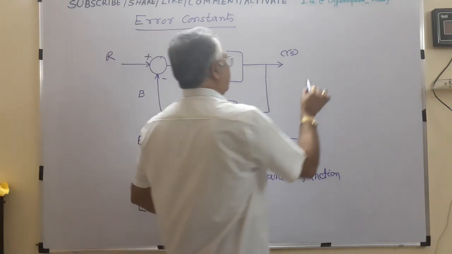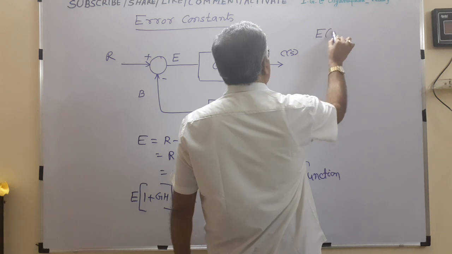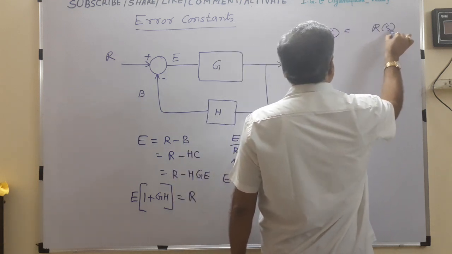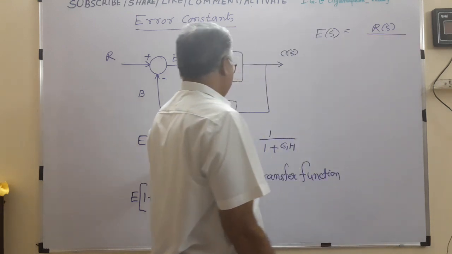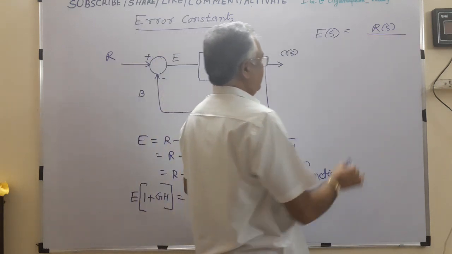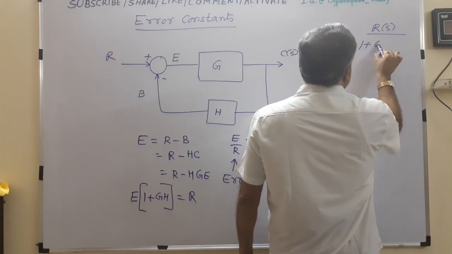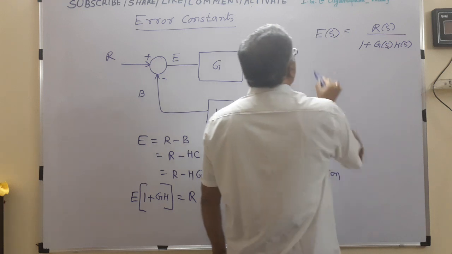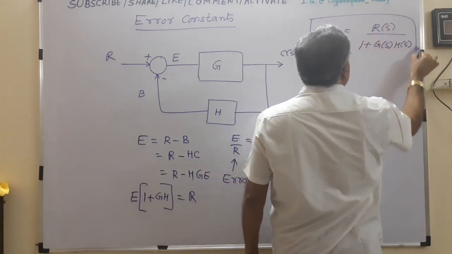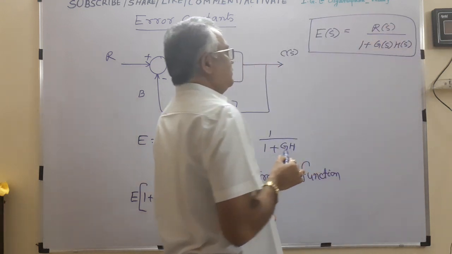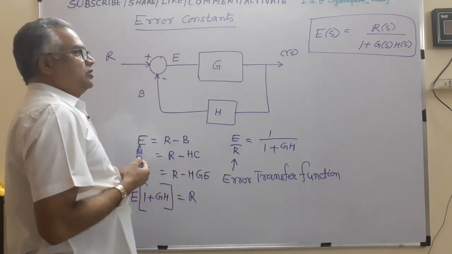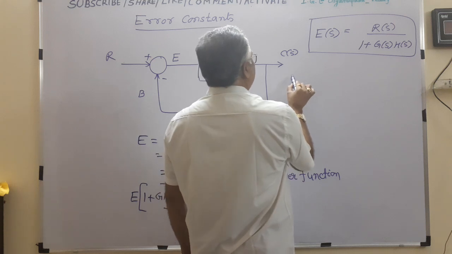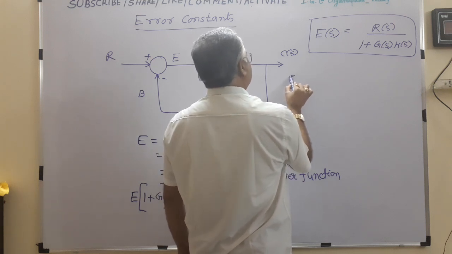So what is error? E of S equals R of S by 1 plus G of S, H of S. So this is the error function. Now we want to find the steady state error. What is steady state error?